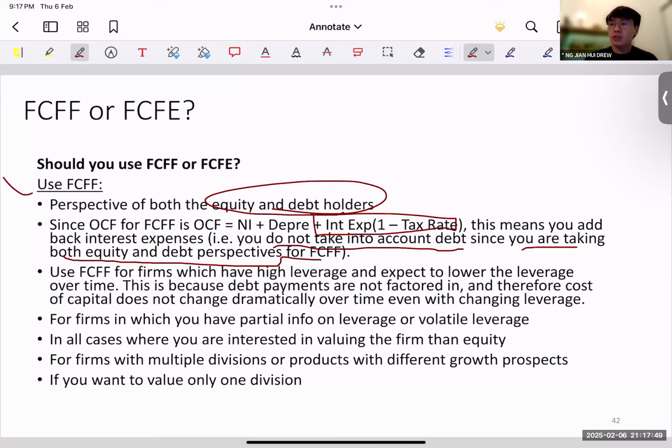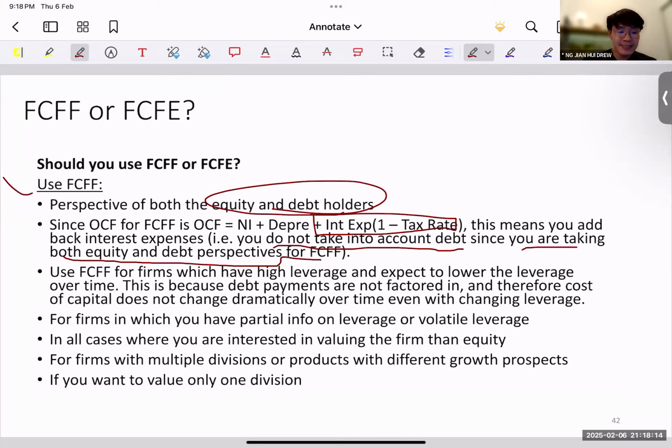And I hope this makes sense, right? Because if we are taking both the perspective of debt and equity holders, then we shouldn't even consider the cash flow as being affected by the interest expense from the debt. Because the debt holder is getting the interest, right? So does it make sense to consider that in our FCFF cash flow? And that's why we add it back.